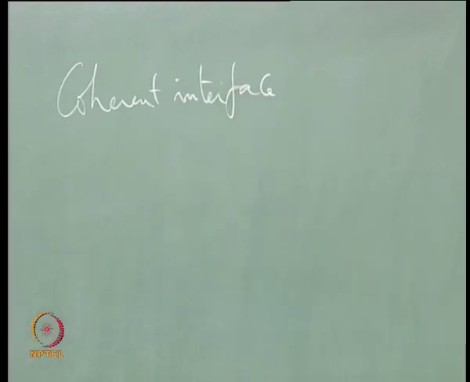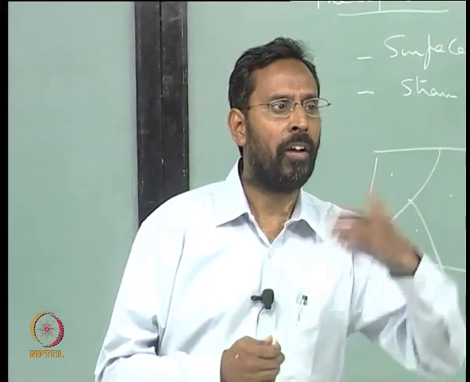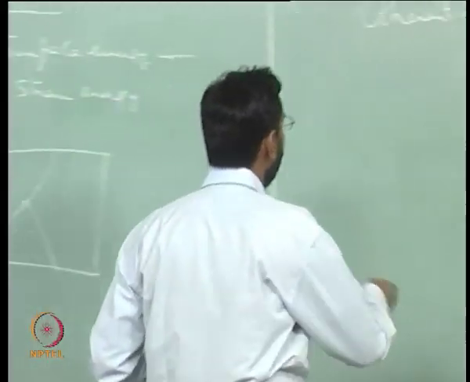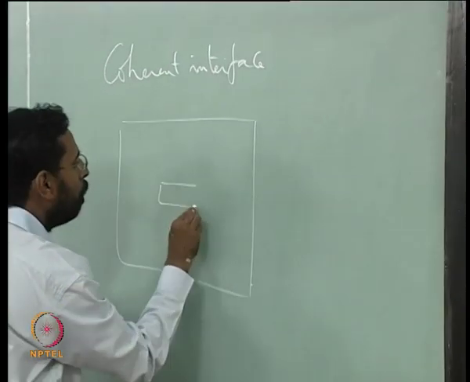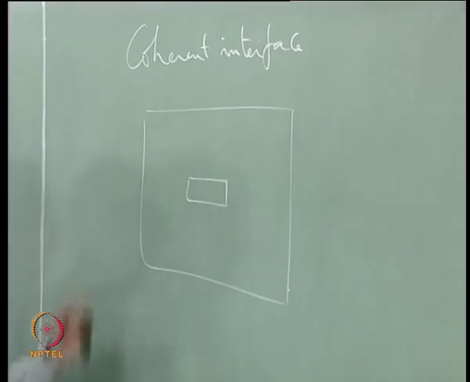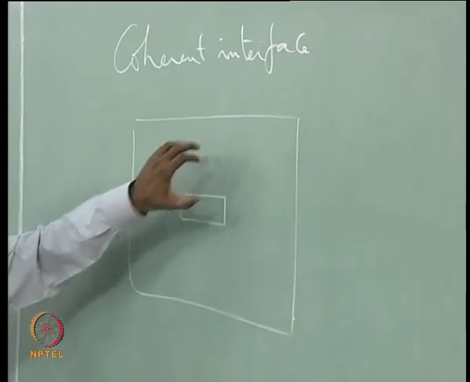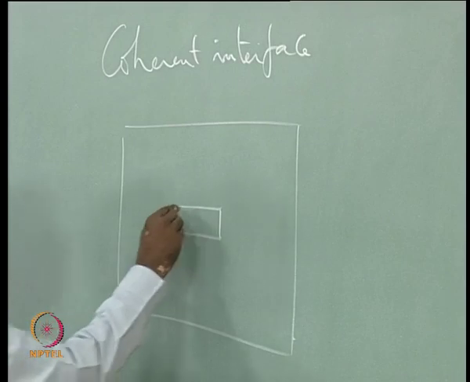A coherent interface is one where there is a continuity of lattice planes across the interface. For example, if you think of a matrix and inside that you have a precipitate, let us assume that the precipitate has the same structure as the matrix, and it has certain atomic planes.